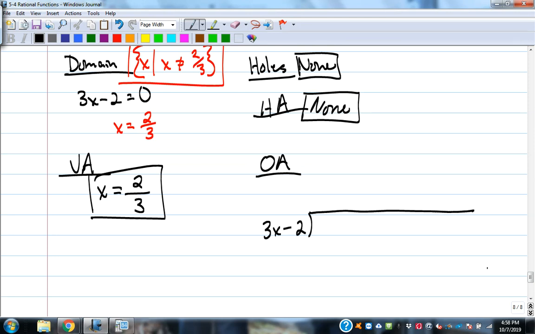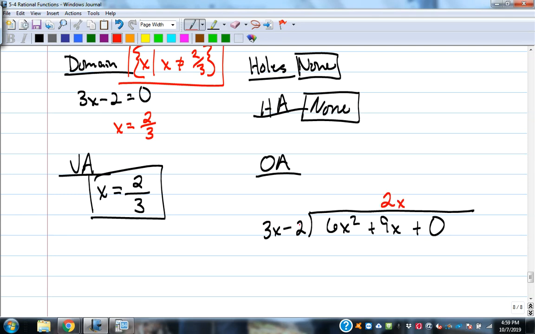All right, so I'm taking 3x minus 2 and dividing it into 6x squared plus 9x. I'm going to go ahead and put a plus 0 there on the end to represent the number that isn't there. Okay. All right. What times 3x would get me 6x squared? 2x.